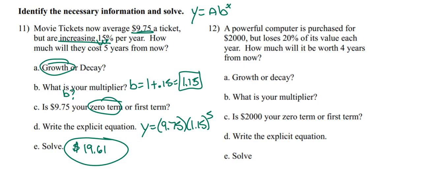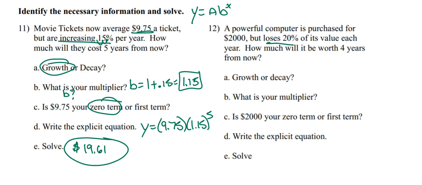All right. Example 12. A powerful computer is purchased for $2,000, but loses 20% of its value each year. How much will it be worth 4 years from now? So, is this growth or is this decay?